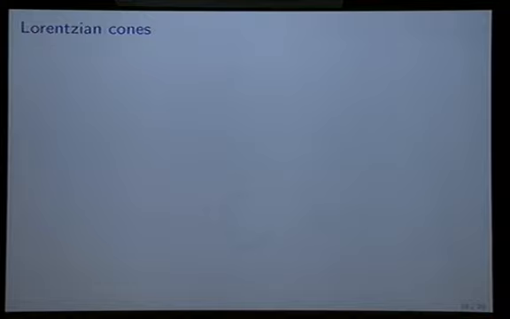But since the signature is Lorentzian, we have a decomposition into one Lorentzian factor, and all other factors are Riemannian. And of course, for the Riemannian case, we know all. So this means that the study of Lorentzian cones reduces to the study of indecomposable Lorentzian cones. So this is really the general case. The case of indecomposable Lorentzian cones is practically the general case for Lorentzian metrics.